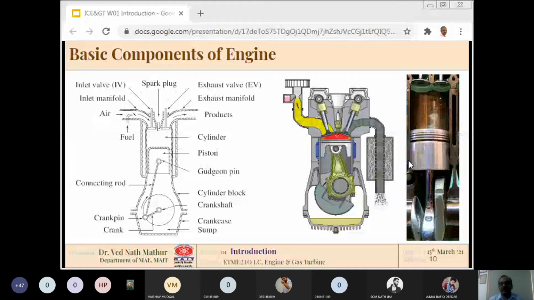See, if you look at the top in this right side figure, there is a piston inside the cylinder and there are grooves. Piston rings have not been shown here, but within these grooves there are rings. You can see the bottommost groove is slightly thicker, and then there are three thinner grooves above it.